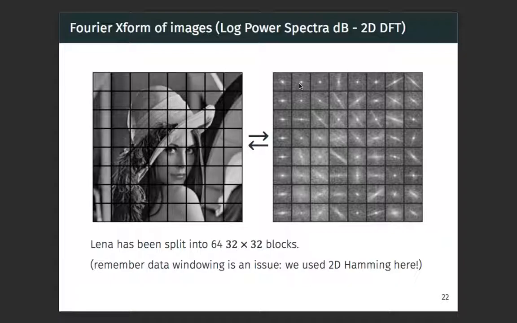If you have a strong edge, so you take this one here, or even this one, you have an edge going along this diagonal. You can see in this block clearly that the diagonal is represented as well. So then it becomes more clear what's going on.